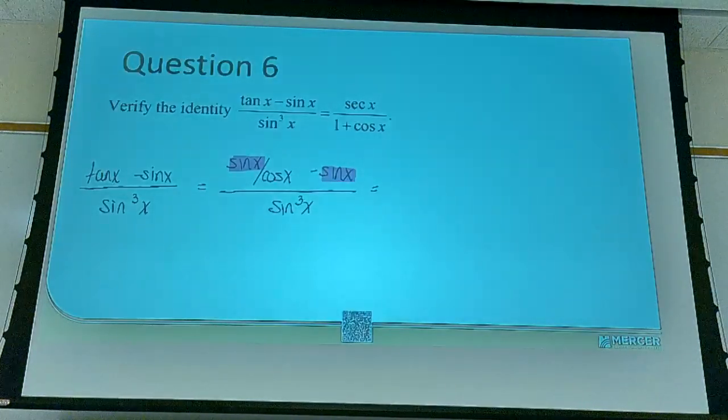Factor it out. You should notice you have a common factor in the numerator and the denominator, right? Cancel that factor out.